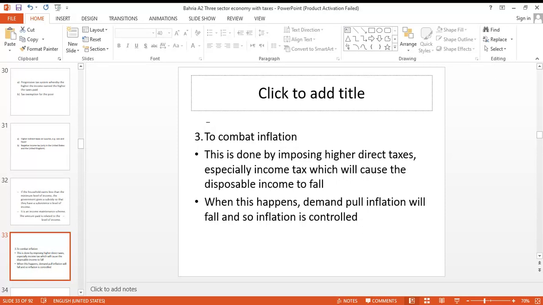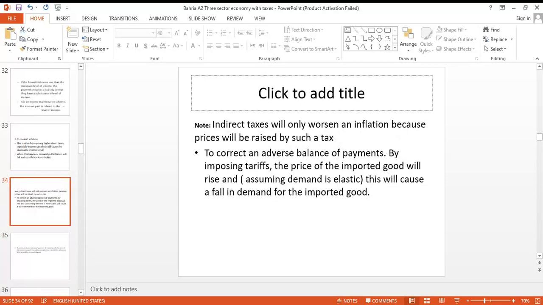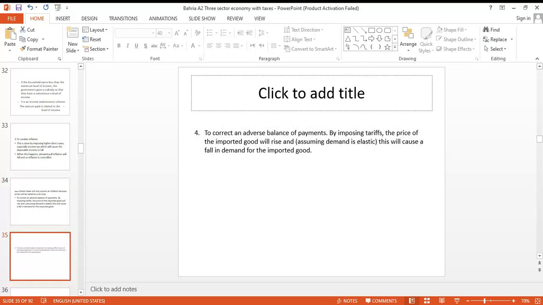But please do keep in mind this applies only to direct taxes. We will discuss direct and indirect taxes in a bit. Okay. Indirect taxes usually increase inflation rather than reducing it, because they increase the price of the product. Another thing that the government uses the taxes for is to correct the balance of payment.